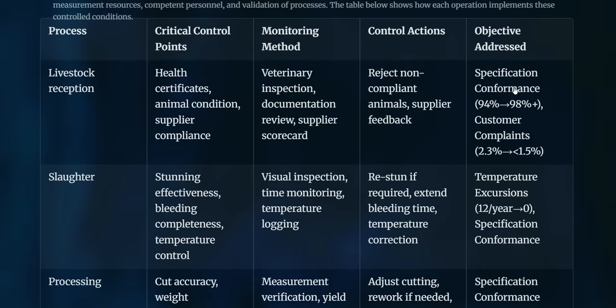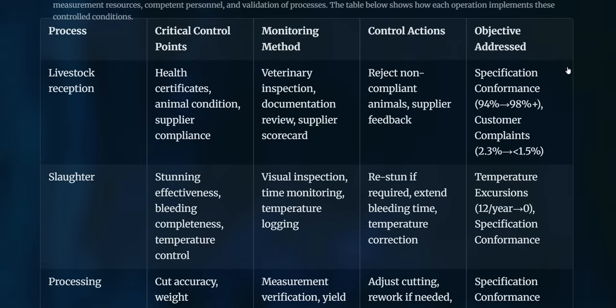The objective we are addressing with this process is specifications conformance, which currently is at 94%, and we are targeting 98% accuracy. And then customer complaints, which are currently at 2.3%, and we are targeting less than 1.5% improvement.